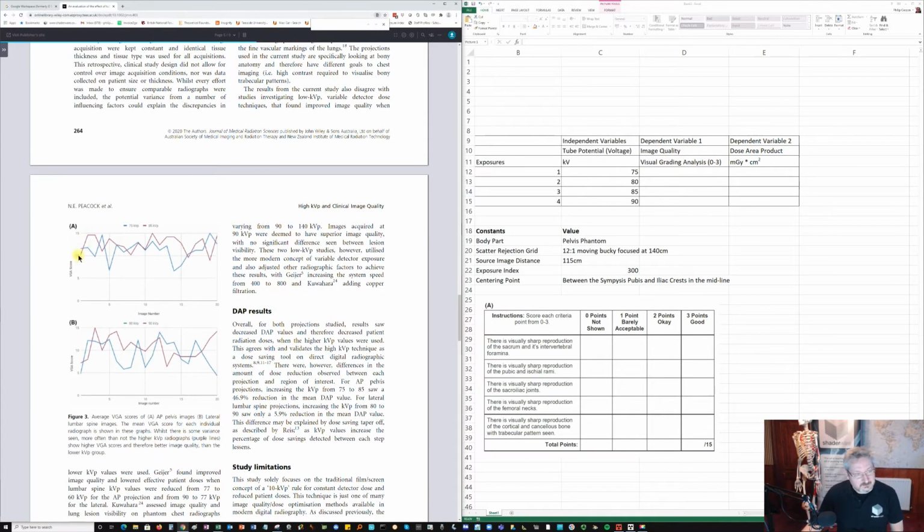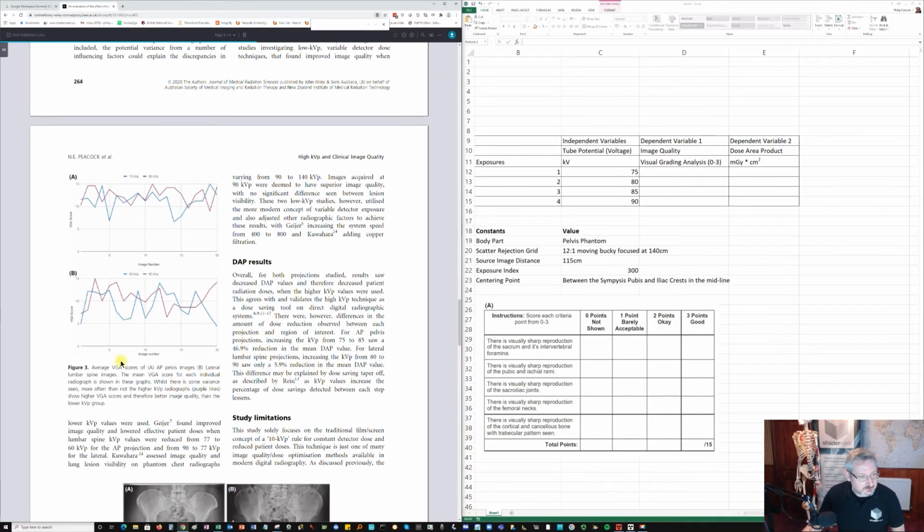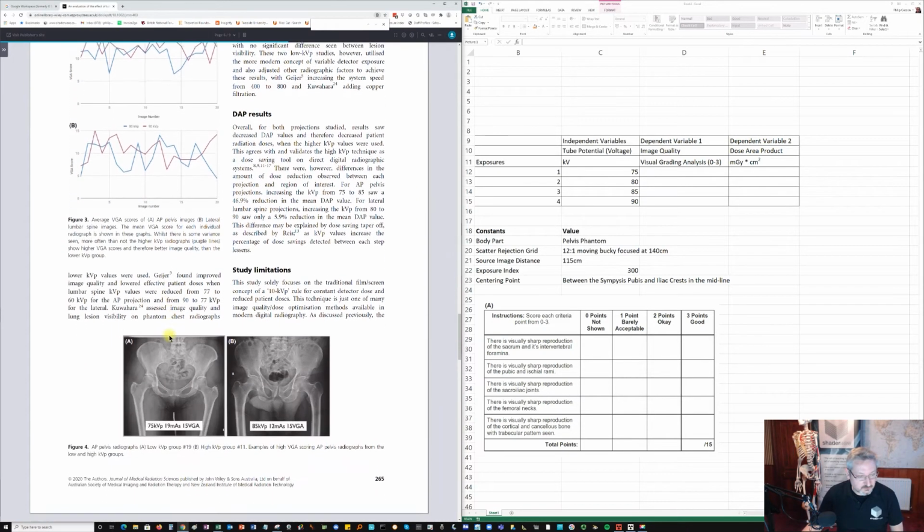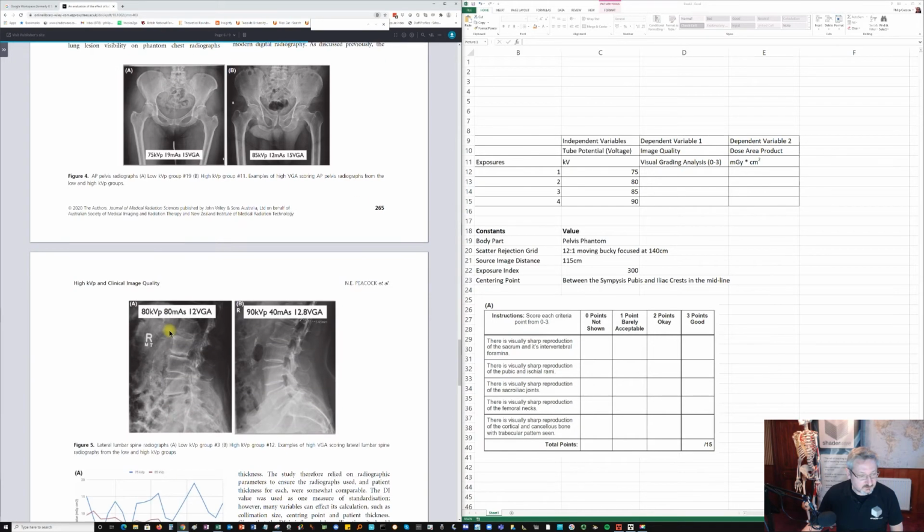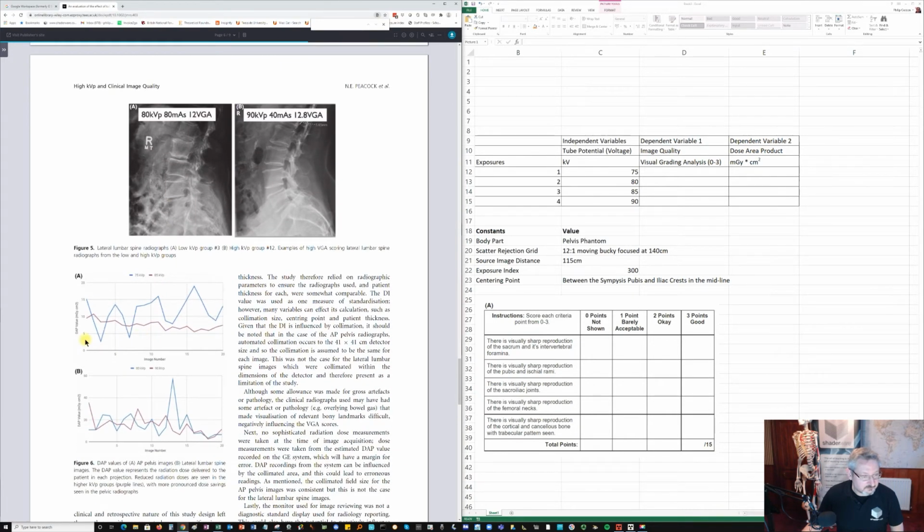Because they've done lots of different patients, they've done 20 patients, they've got their results in this graphical format, which isn't going to really suit us because we're only going to have one patient. So they've got a graph for VGA score. Have they got a graph for dose? Yeah, and they've got a graph for dose.